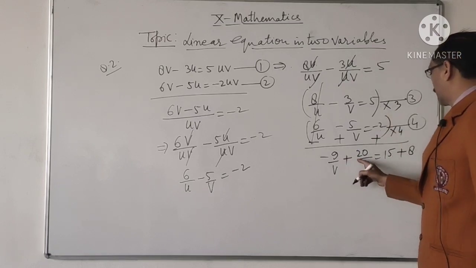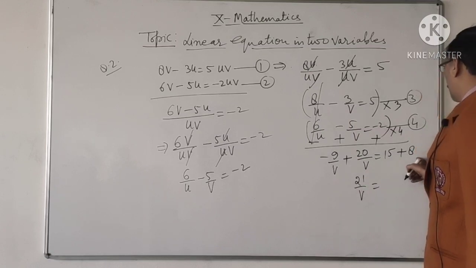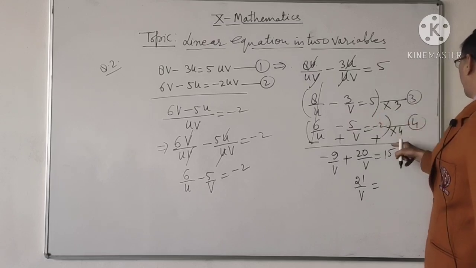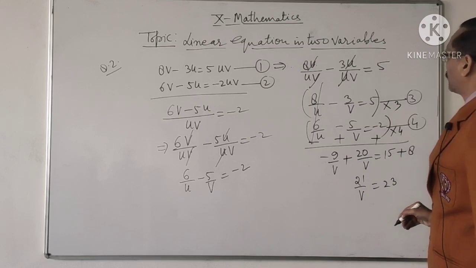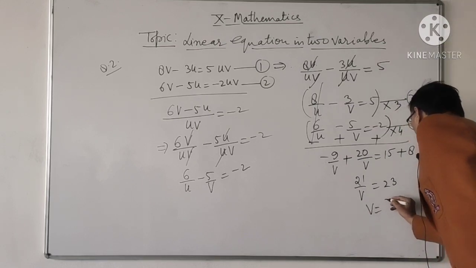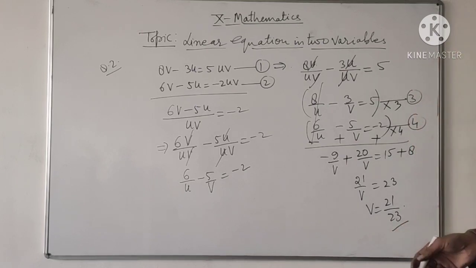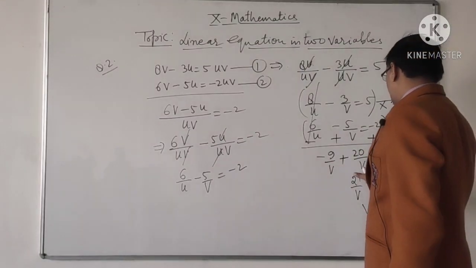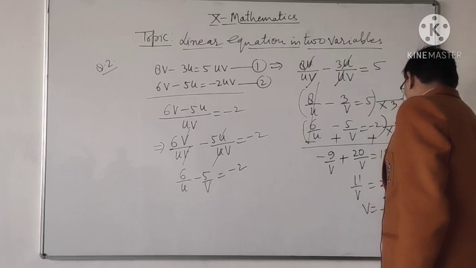Or it is 21 upon v equal to 23. It is 3 times 5 is 15, 4 times 2 is 8, 23. So v equals 21 upon 23. Twenty minus 9 is 11. So it is 11 upon 23.